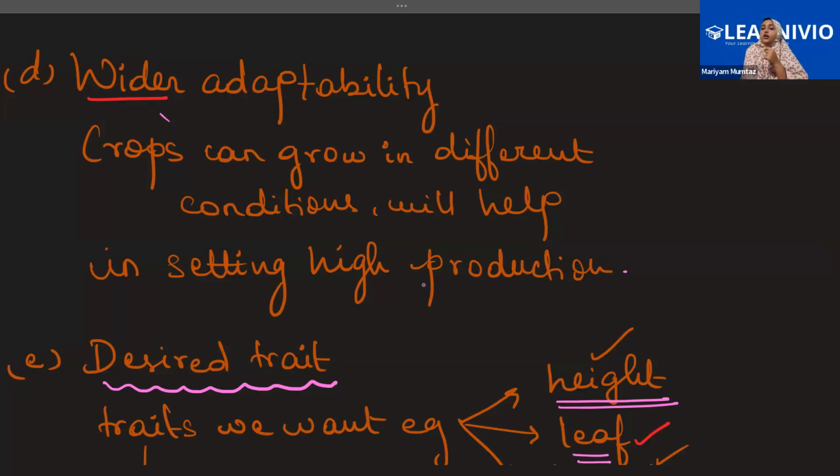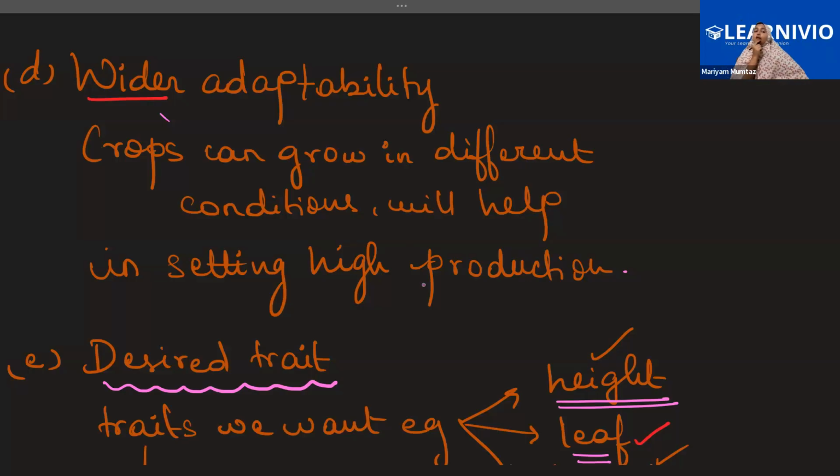Meaning this one crop, which earlier did not grow in many locations, now it can grow in many locations. Let's just say there is a land, and you have another land on which the soil is different. So now you would think, okay, my crop requires that kind of soil, so how will I be able to grow this crop on a new land?